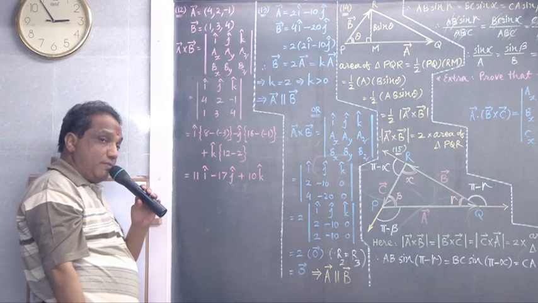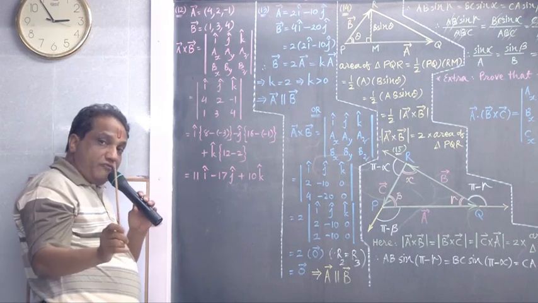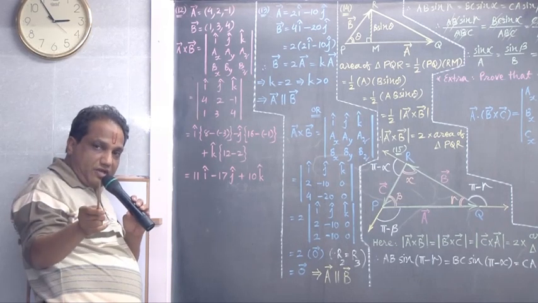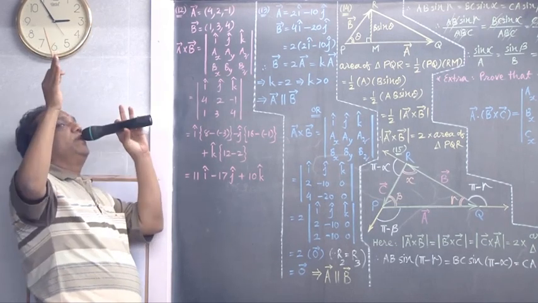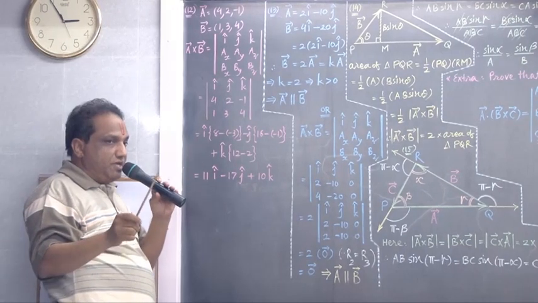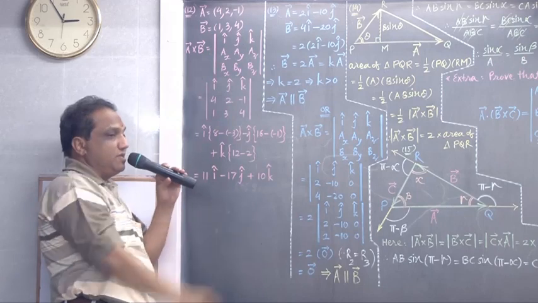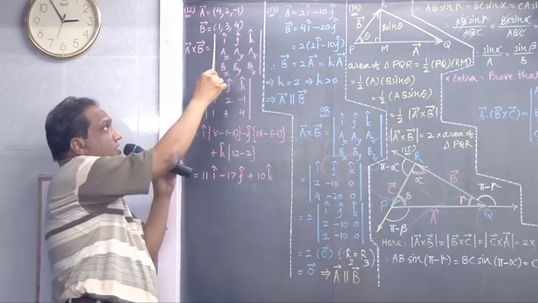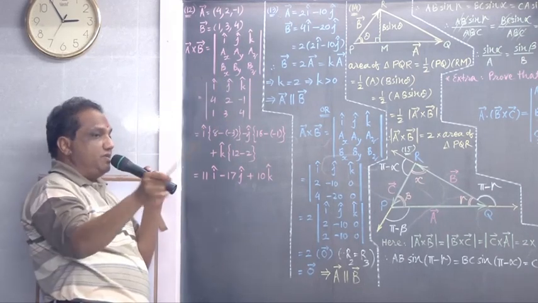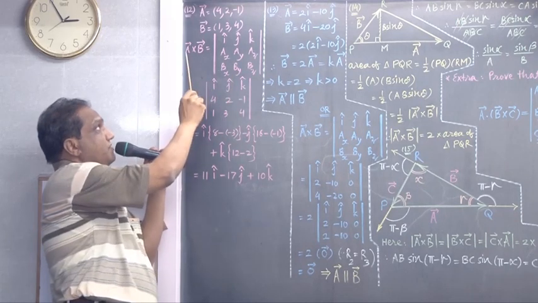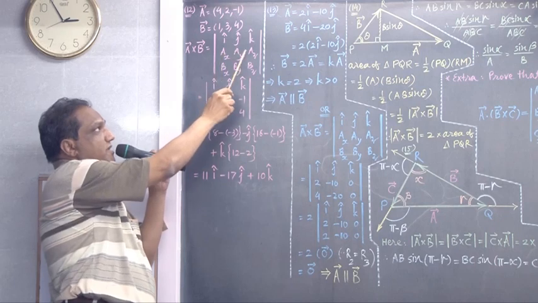Last time I told you about the formula of the vector product. Vector A cross vector B is a 3 by 3 determinant. This is not a modulus, this is a 3 by 3 determinant. In the first row we had i hat, j hat, k hat. In the second row, the components of the first vector, Ax, Ay, Az.